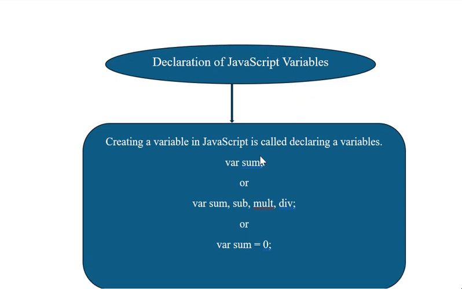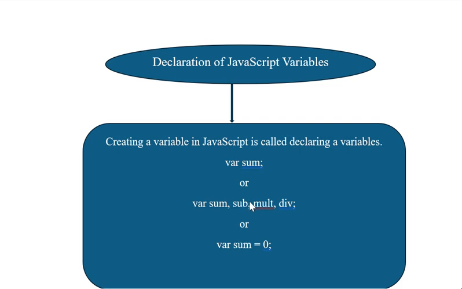Then how do we declare JavaScript variables in the code? Declaring means when we are trying to create a variable. When we are creating a variable in JavaScript, that process is called declaring the variable, and this is assigning the value to that variable.